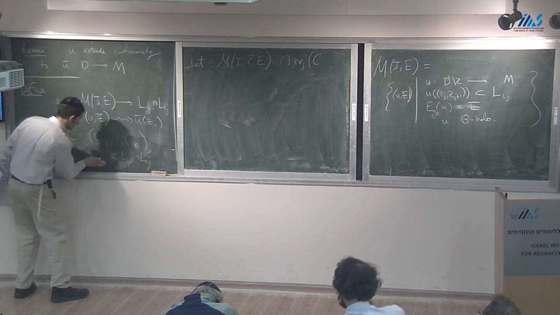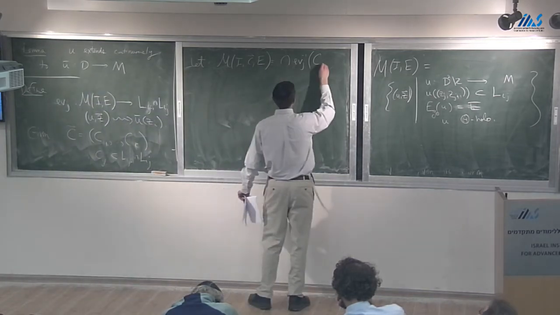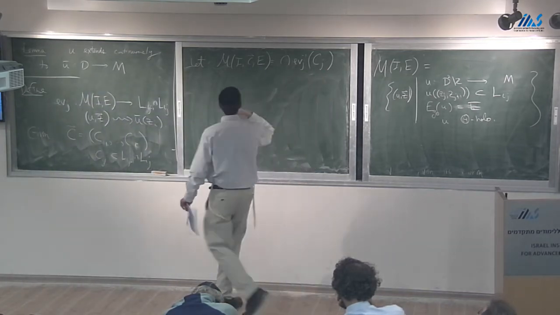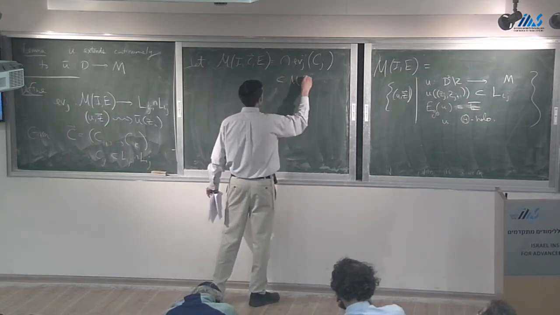That makes more sense. C_j. Okay, there we go. ev_j inverse of C_j. Very good. Which is a subspace of this guy.